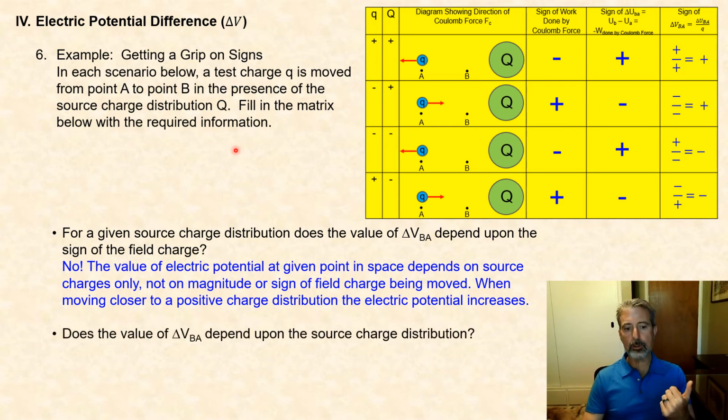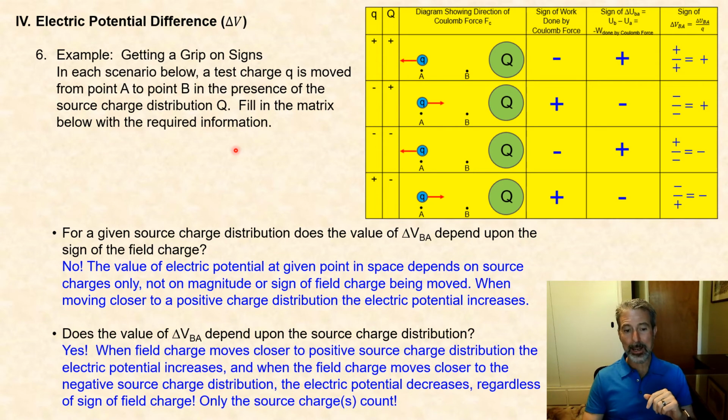The second conclusion here, does the value of the electric potential difference between the 2 points in space depend upon the source charge distribution? Definitely. That is all it depends on. Okay, as we said, when the field charge moved closer to a positive source charge distribution, the electric potential increases, okay, regardless of whether that field charge is positive or negative, and that's what I just showed you here.